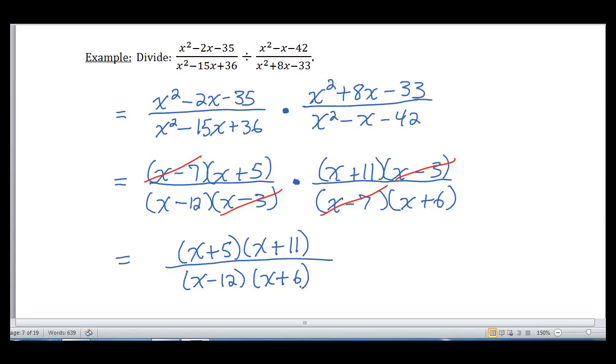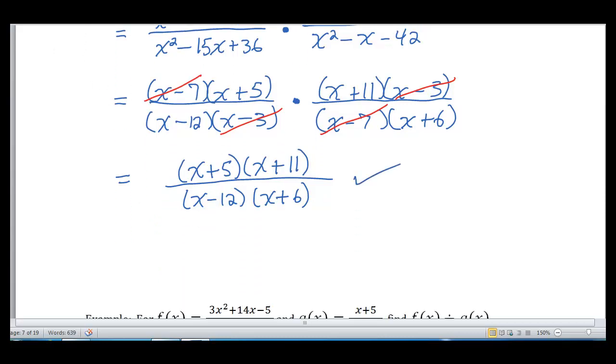All right, so note we went from having two rational expressions being divided to having one single, completely simplified rational expression as our final answer. And there we have it. So this is our answer here.